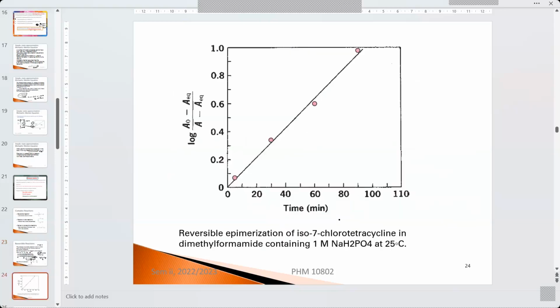So the plot will be at time 0, this value is equal to 0, and then it will increase with time. Okay, how did we get it?